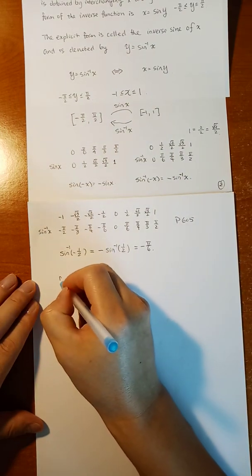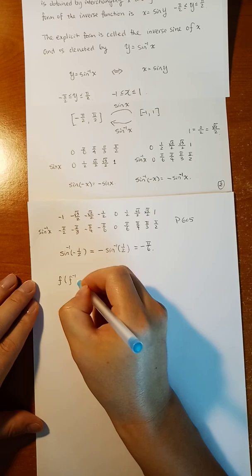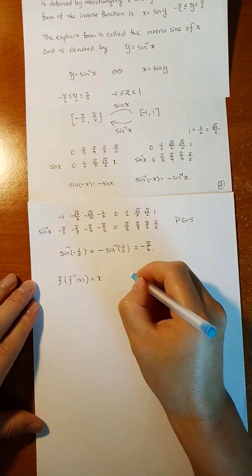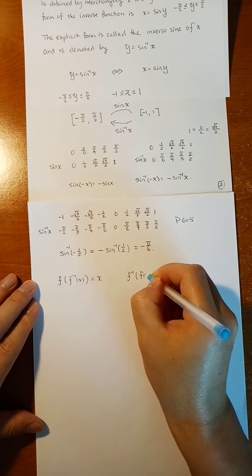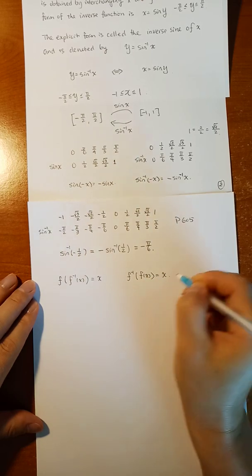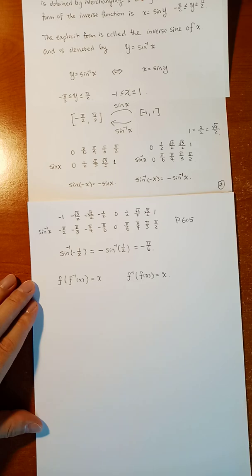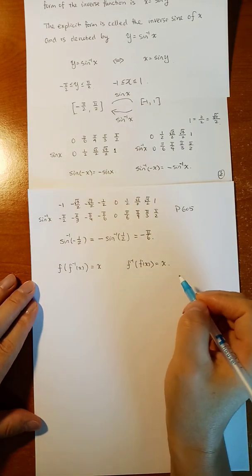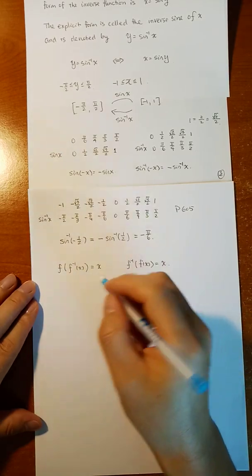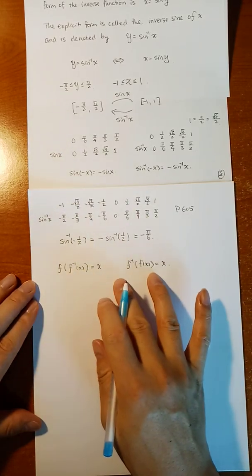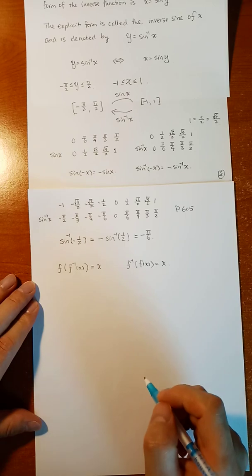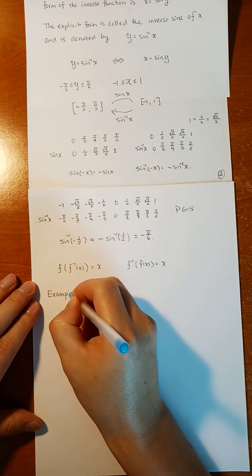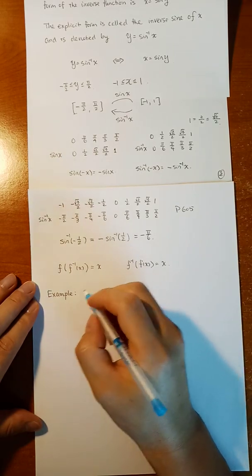We know that the inverse and the original function have the property that their composition is the identity function, okay? So we want to find some problems which involve those two properties, especially for the trigonometric function. Sometimes you need to be very careful.